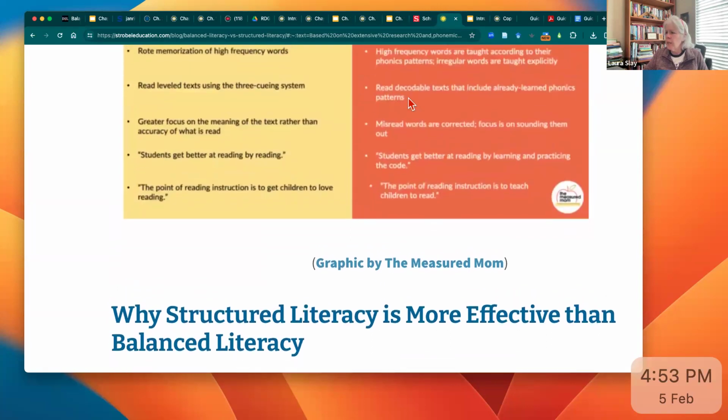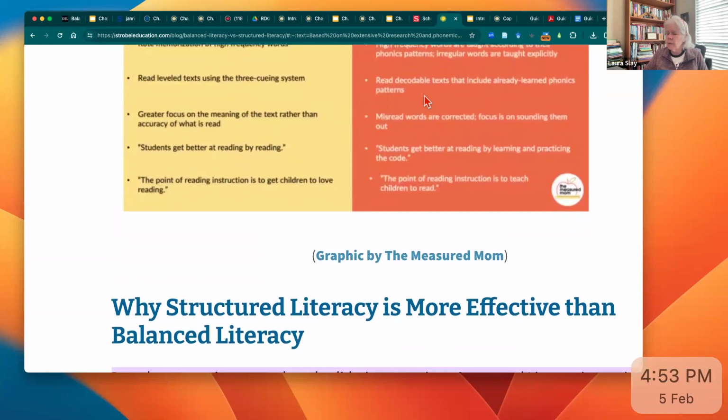Here you will see that the structured reading people use decodable texts that are included in already learned phonics patterns. So notice the focus is on decodable, whereas on the balanced reading side, they use leveled reading using the three queuing system.